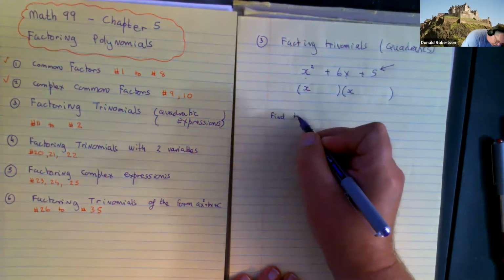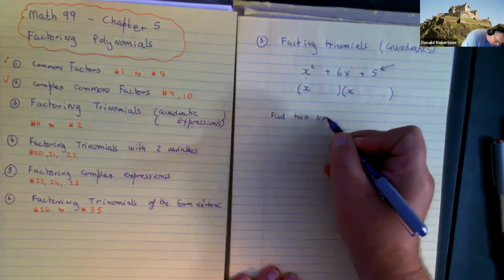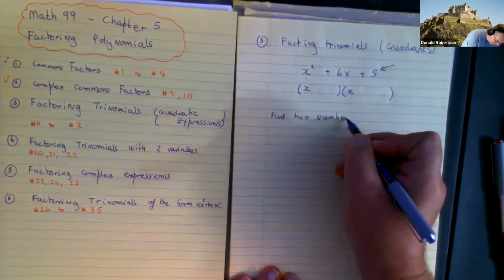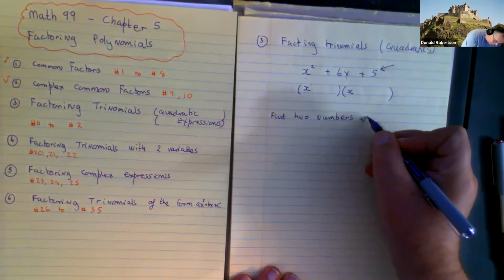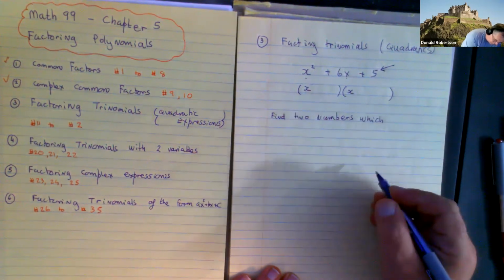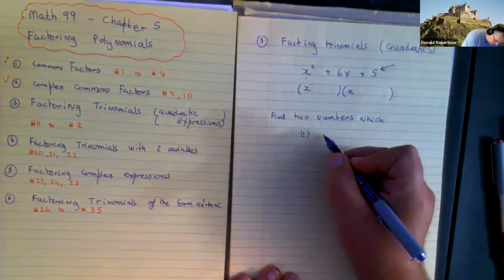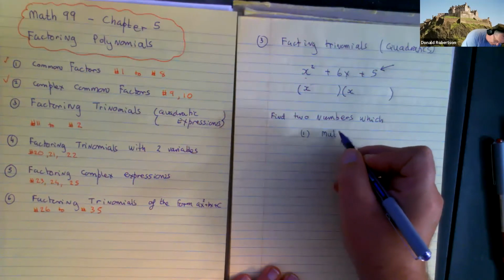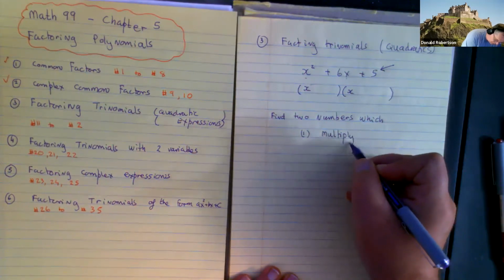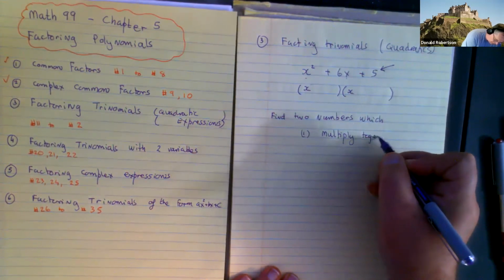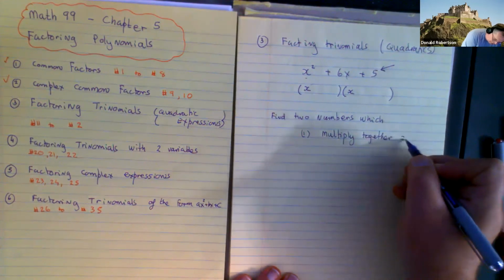Find two numbers which do the following things. First thing, when you multiply these two together, the answer should be 5.